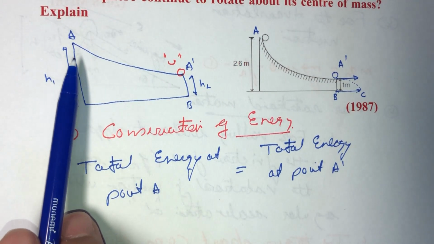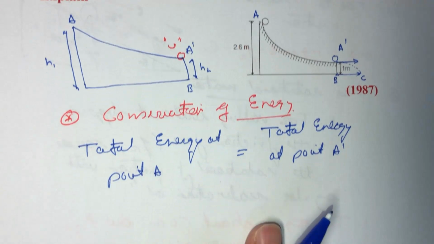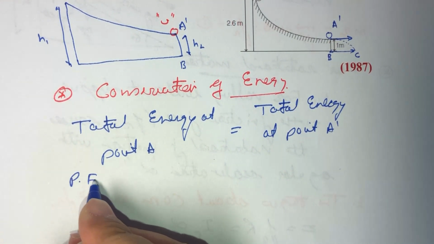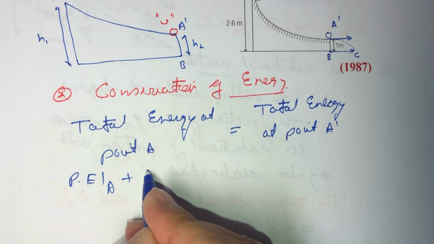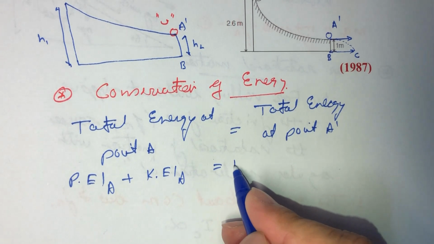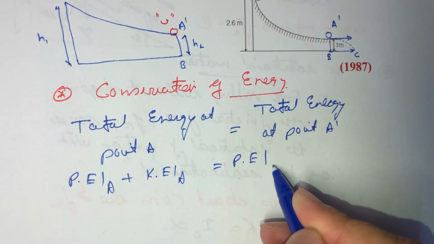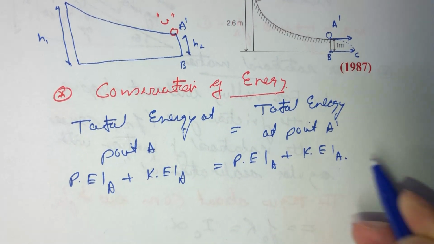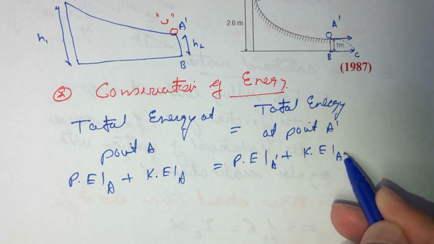So total energy at A is the potential energy at A plus kinetic energy at A, which will be equal to potential energy at A prime plus kinetic energy at A prime.